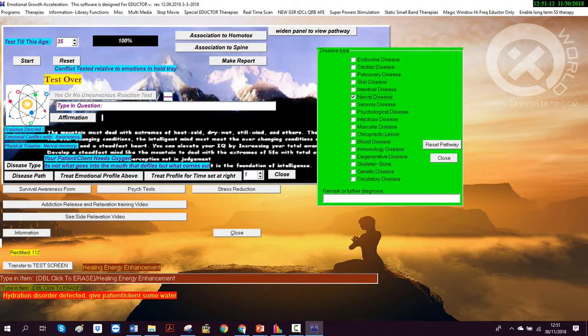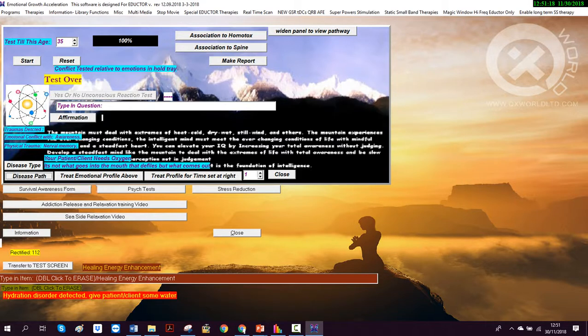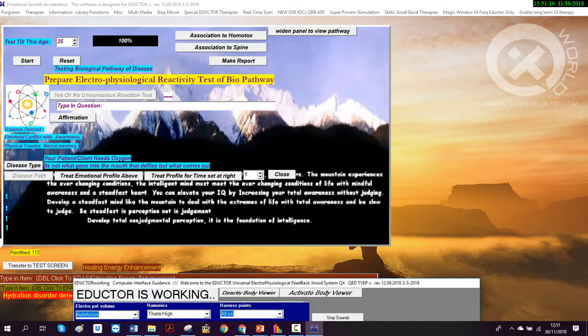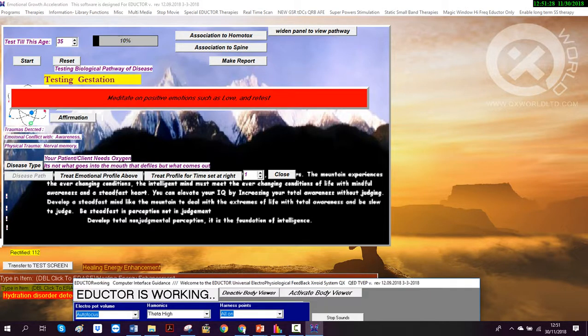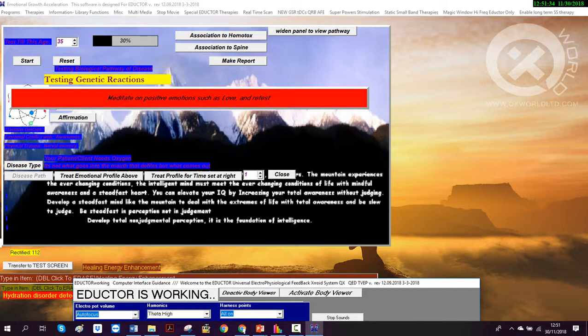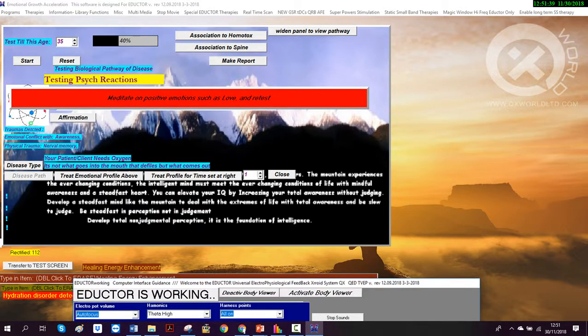Let's see, here we have maybe another disease, and we can ask what is the path that created that disease. Again, this is easier when we have the client with us. And this is so important because it will start from the wound. And this is not necessarily the most important conflict. It is the conflict that the client is ready to release today.